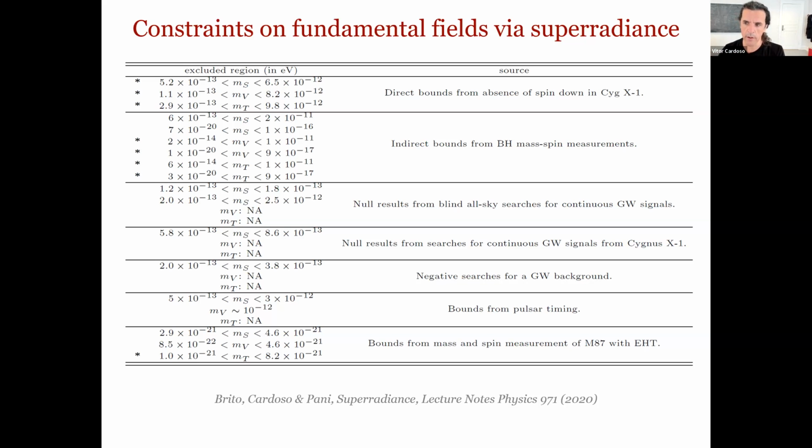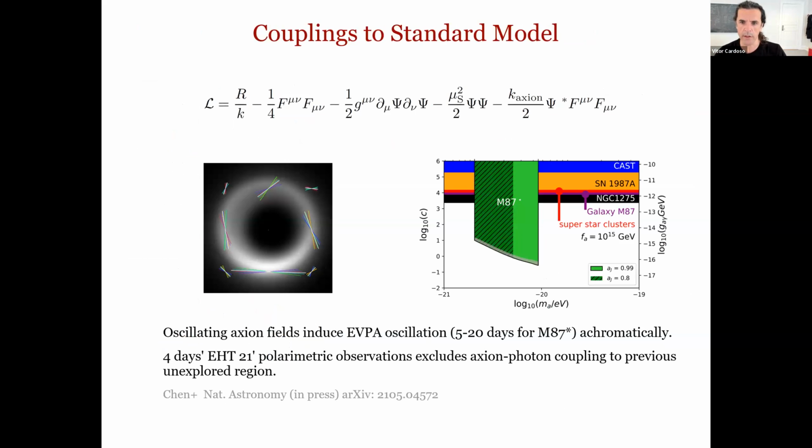If you now talk to the standard model, for example, here, I had a few slides on this, so I'm happy you asked. So for example, look at this coupling over here, right? Now you couple your axion to the Maxwell sector, that's going to give you different things. For example, it's going to give you birefringence of your photons. The plane of polarization is going to oscillate.